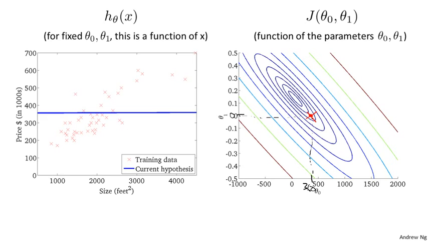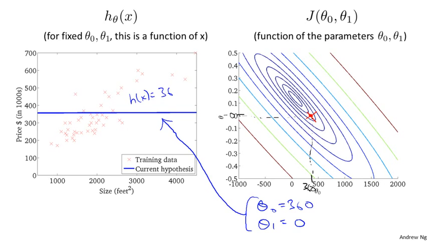So let's write that out: theta 0 equals 360, theta 1 equals 0. And this pair of parameters corresponds to that hypothesis, a flat line. This is h of x equals 360 plus 0 times x. That's my hypothesis, and this hypothesis again has some cost, plotted as the height of the J function at that point.